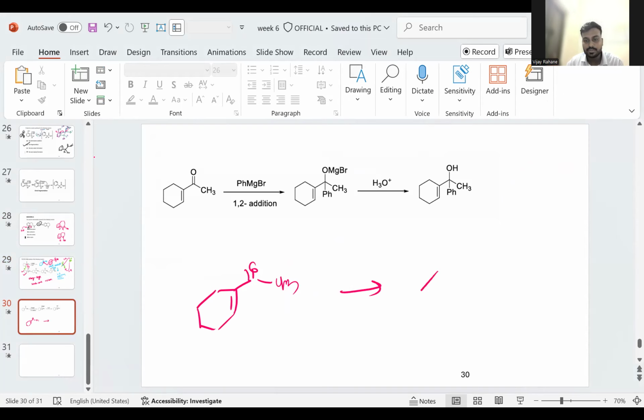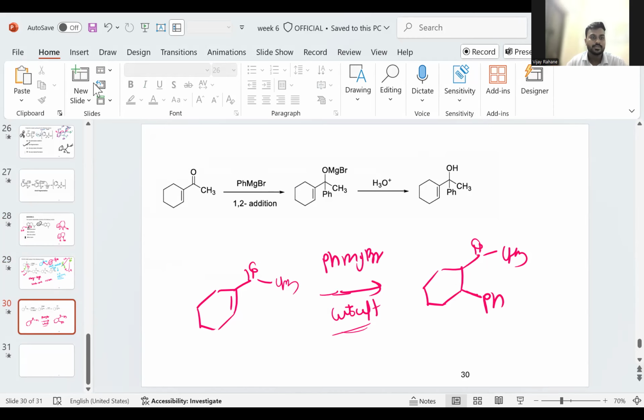If someone wants from this molecule, let's say this is the phenyl, what will be the reaction condition at that point? If you want this compound, then PhMgBr, and you need to add copper salt.